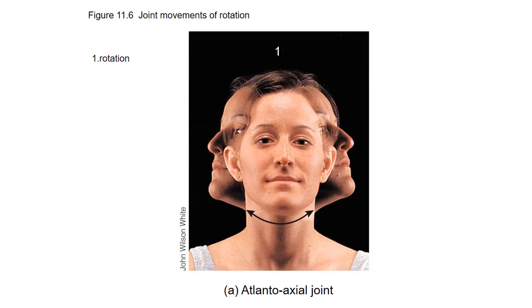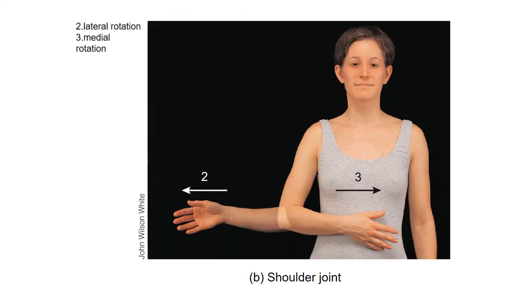Next slide. And we can also do rotation at the AA joint using the dens, the odontoid process. Here's lateral rotation or medial rotation, usually referred to, if you're doing PT, as external and internal rotation.